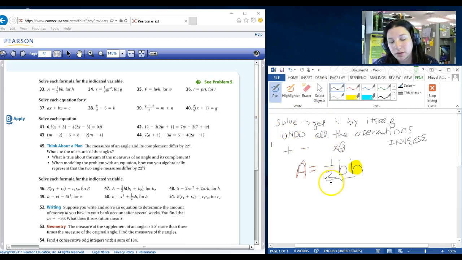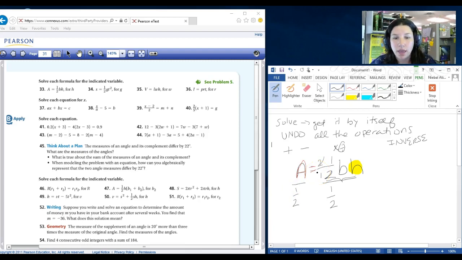We can do it divided by 1/2 b together, or you can do them piece by piece, it doesn't really matter. So if we're taking 1/2 divided by 1/2, when you divide by a fraction, you're really multiplying by the reciprocal, and 2 divided by 2 just simplifies to 1 on this side, and we do the same thing here.